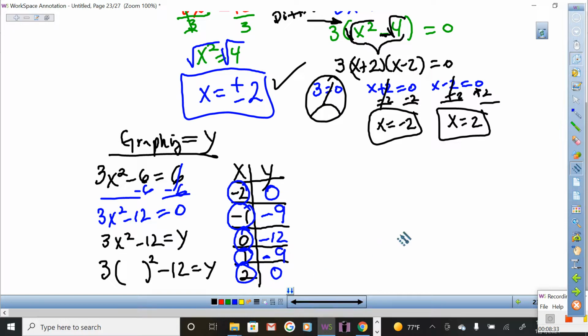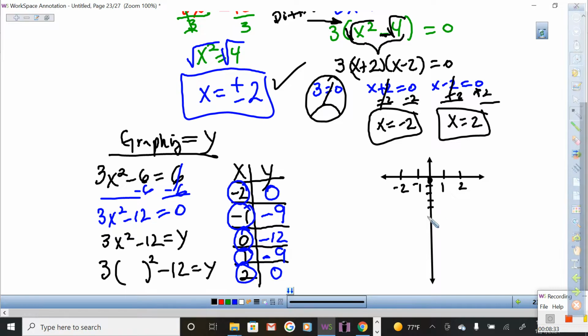Alright, let's graph this. For x, we need from negative 2 to 2, and for y, we need all the way to negative 12. So I'm going to do this like so. I got negative 2, negative 1, 0, 1, 2. And for y, I got 1, 2, 3, 4, 5, 6, 7, 8, 9, 10, 11, 12.